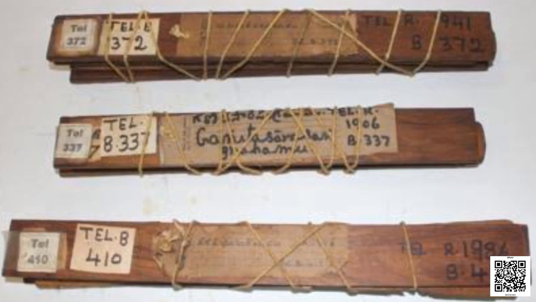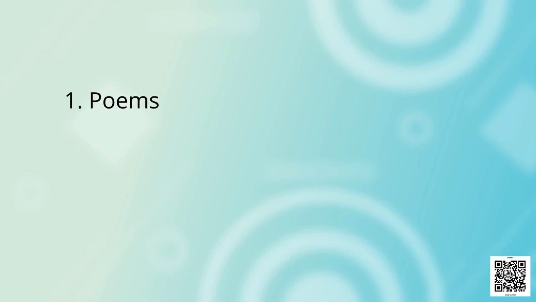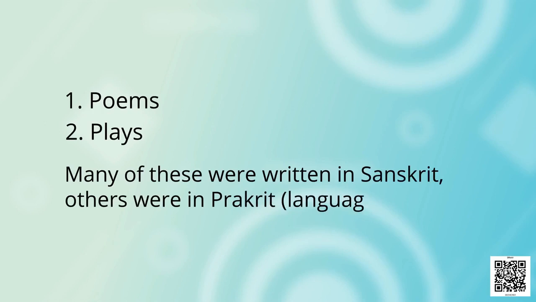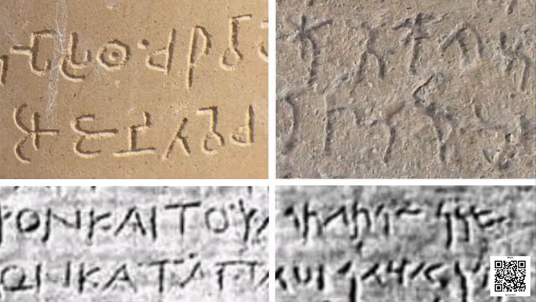These books dealt with all kinds of subjects: religious beliefs and practices, the lives of kings, medicine and science. Besides, there were epics, poems, plays. Many of these were written in Sanskrit, others were in Prakrit and Tamil. We can also study inscriptions.